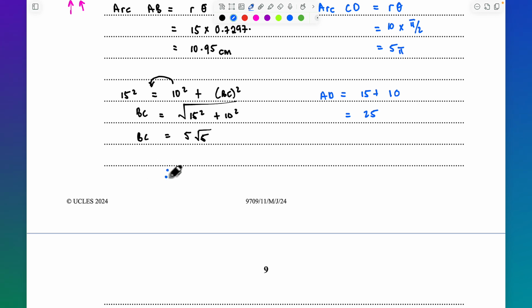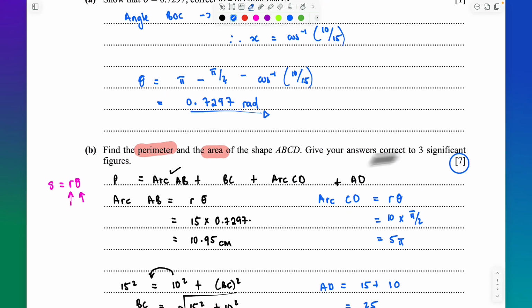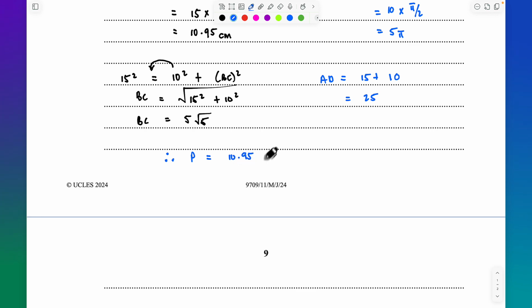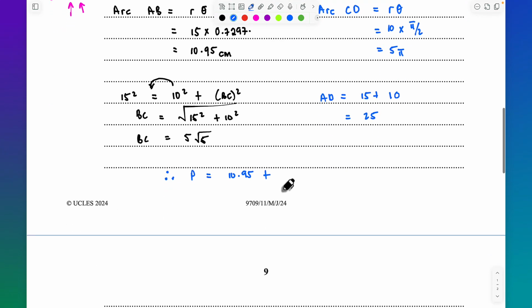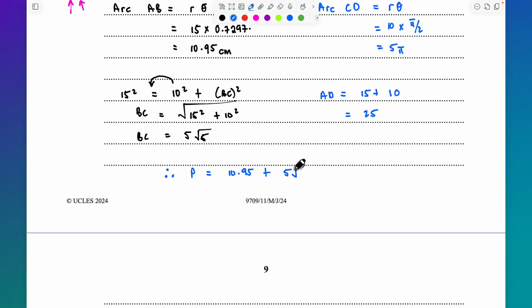Therefore, the perimeter is equal to 10.95. Actually, what did they say here? They said to 3 significant figures, so that's fine. We can use 4 significant figures here and then round at the end. Plus BC, which is 5 root 5, plus 5 pi plus 25.